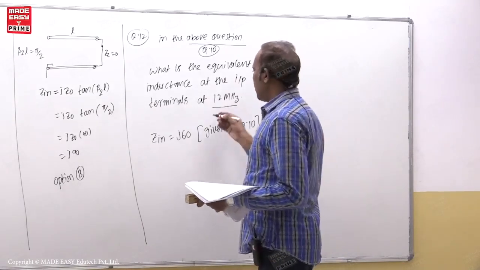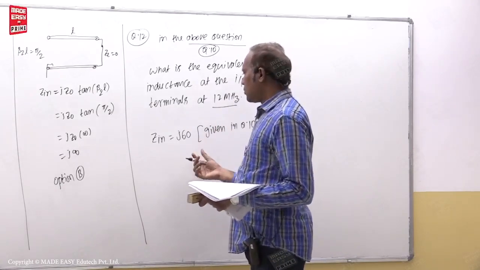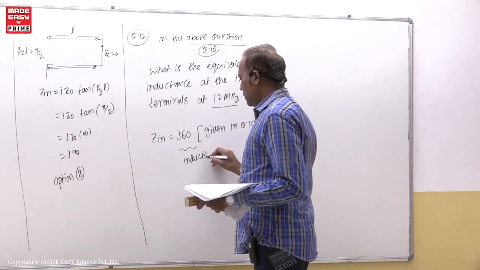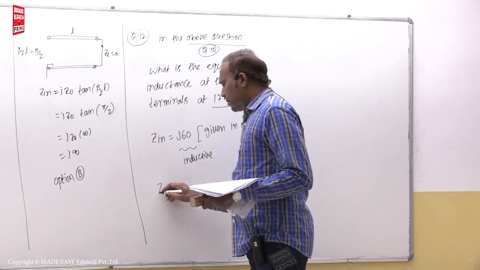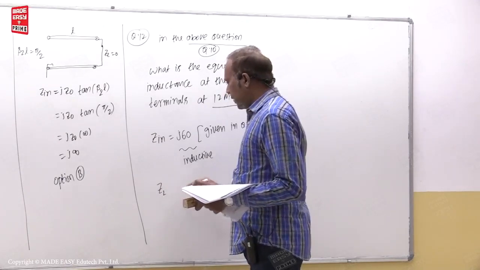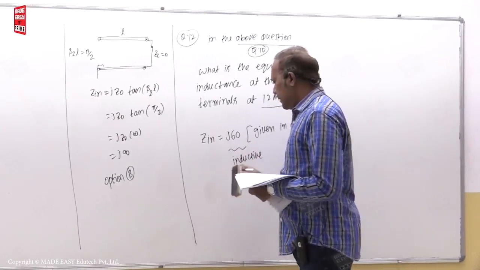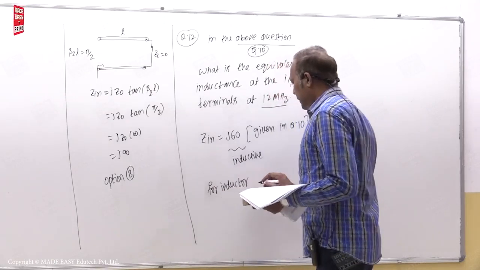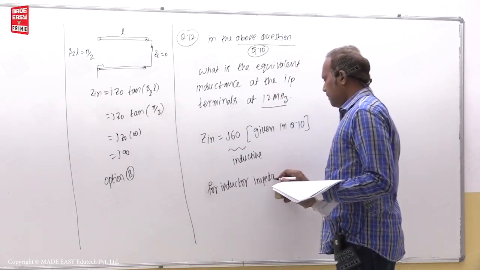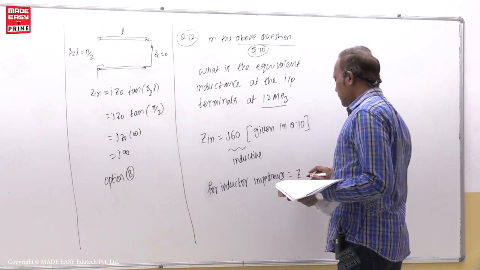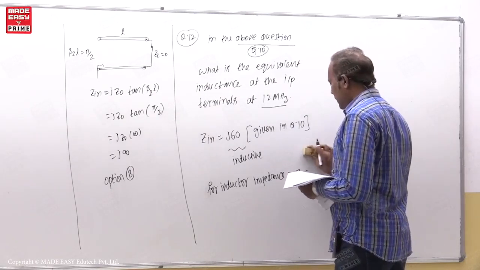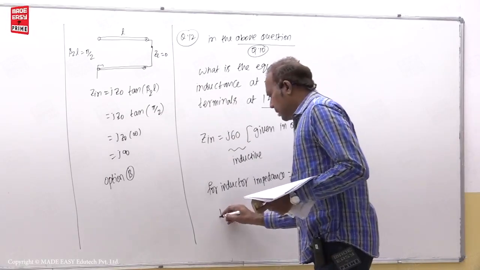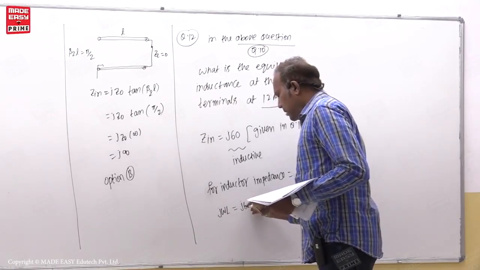So now the frequency is given as 12 MHz. My dear students, j60 means it is inductive. So for an inductor, the impedance is jωL. That means jωL is equal to j60.